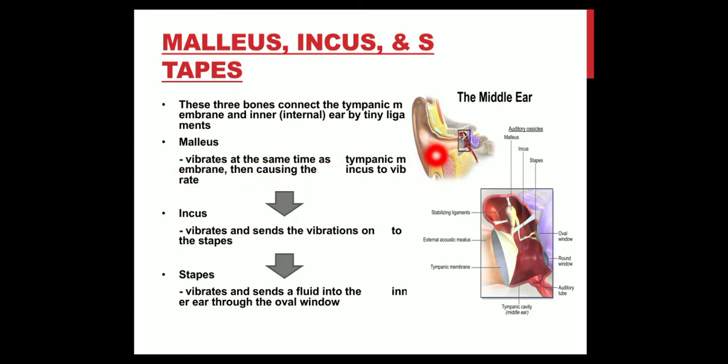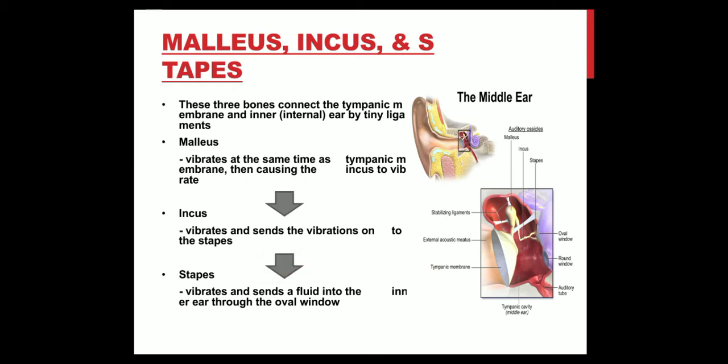The next bone to the malleus is the incus. The incus vibrates and sends the vibration on to the stapes, which sends it as fluid movement into the inner ear through the oval window.